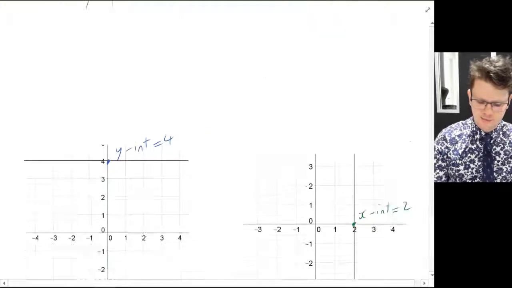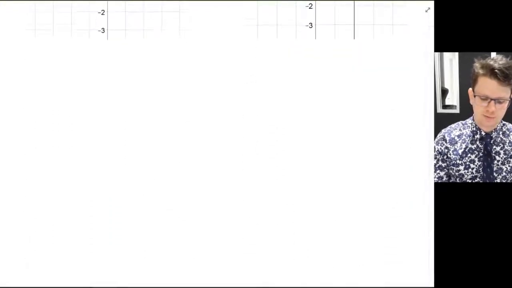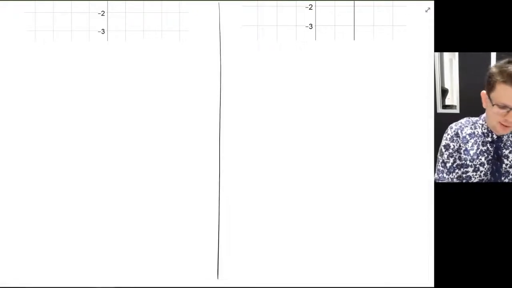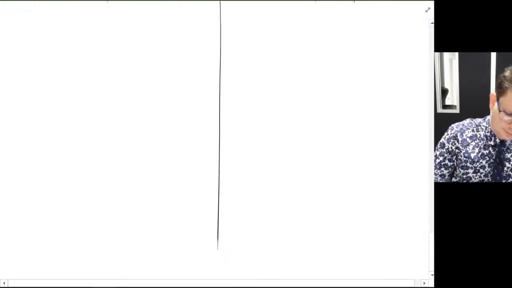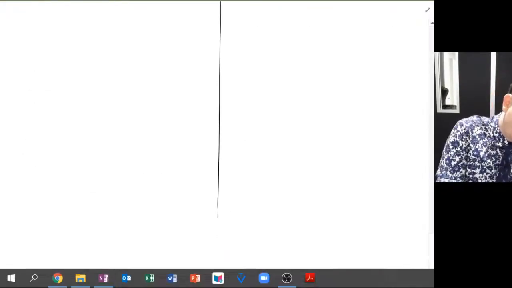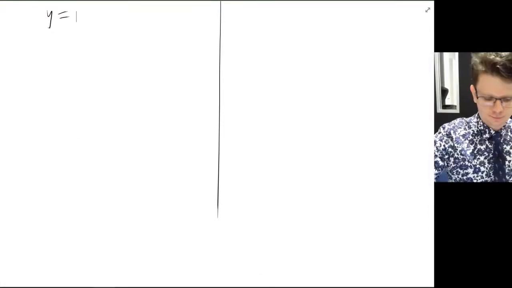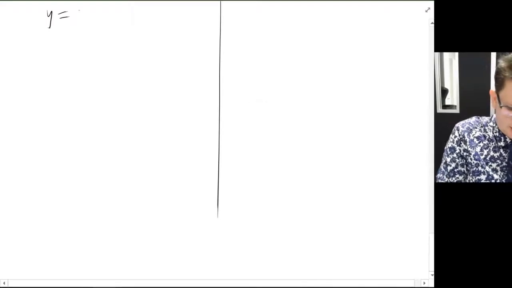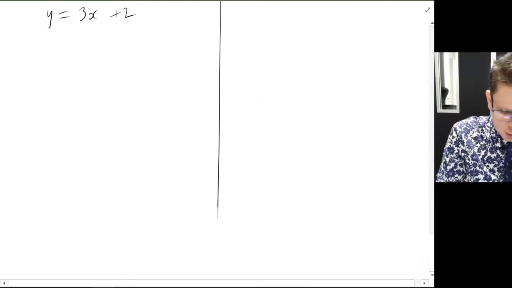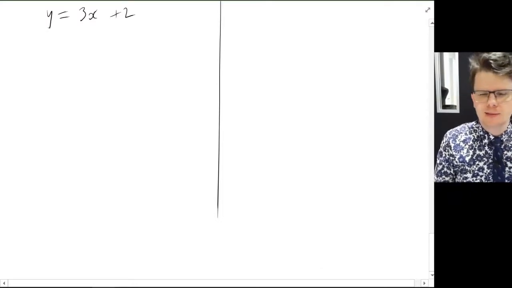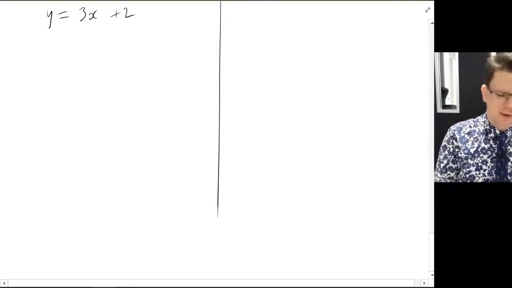Now I want us to be able to solve them using an equation. So, it's a little bit different. Let's take an equation like y is equal to 3x plus 2. Now, in last week's lessons, we were looking at how to solve for the y-intercept.